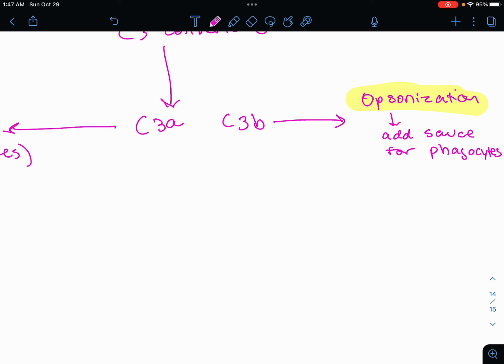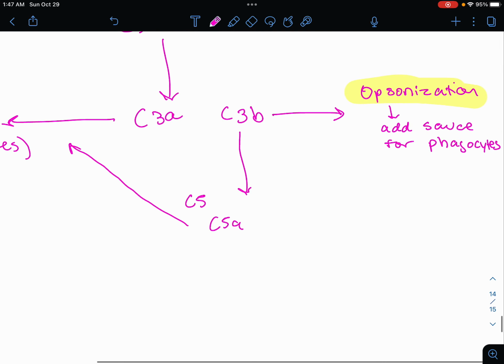C3B could also go down to a complex that's formed with C5, C5A, which actually C5A also goes up to the inflammatory response.